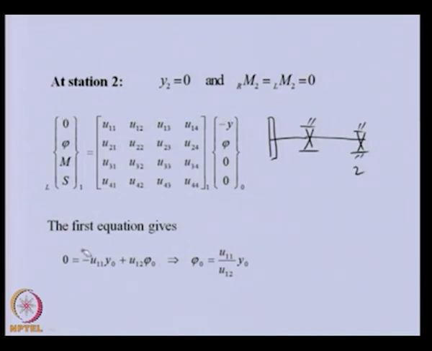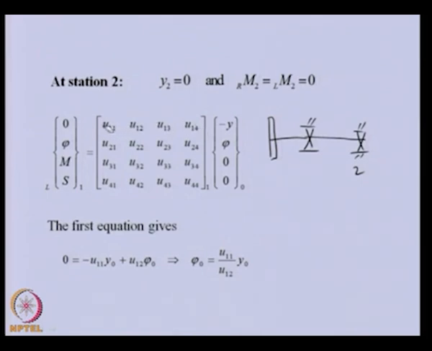If we expand, let us say, the first equation, we will get 0 is equal to minus u11 into y0, because that belongs to station 0, plus u12 into phi naught, because this also belongs to station 0, because the other two terms get multiplied by 0 and will not contribute to the first equation.